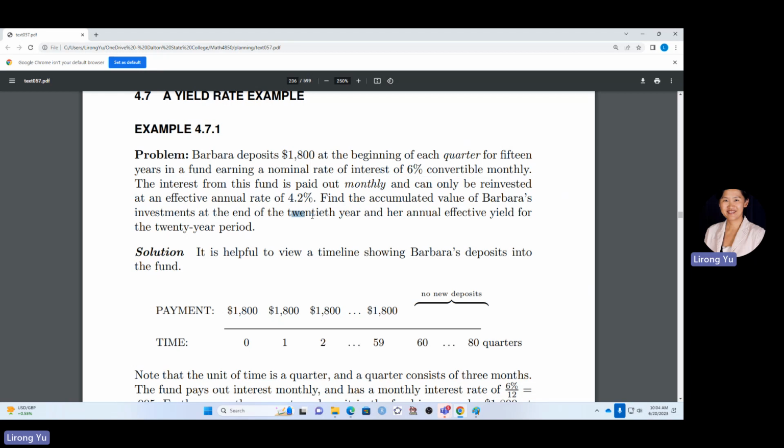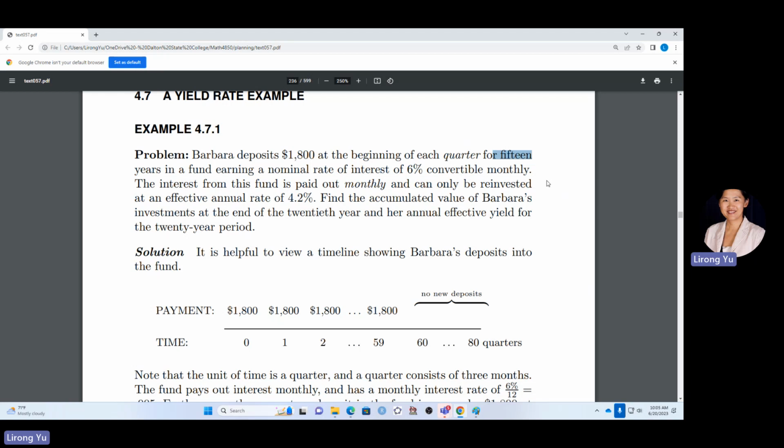You see the difference? That means after the 15th year, there's no more cash flow. But the money is in there. So even though there's no more actual cash flow, the money sitting in the account will still be earning interest.